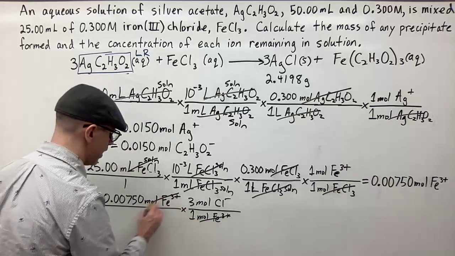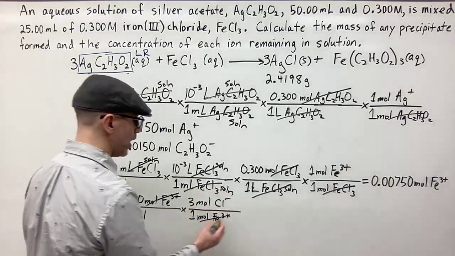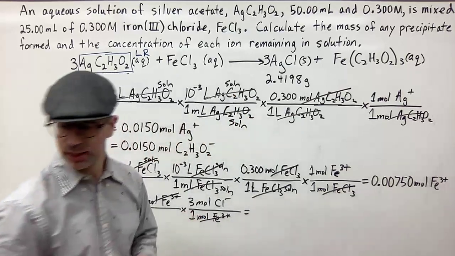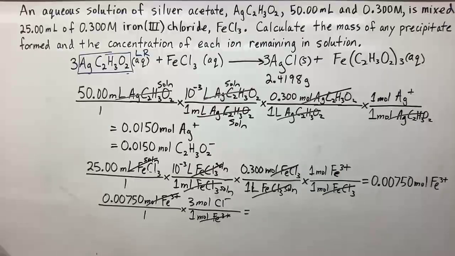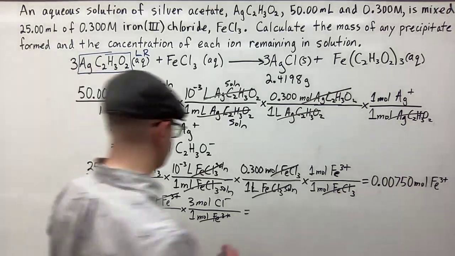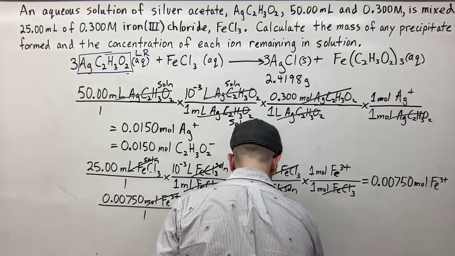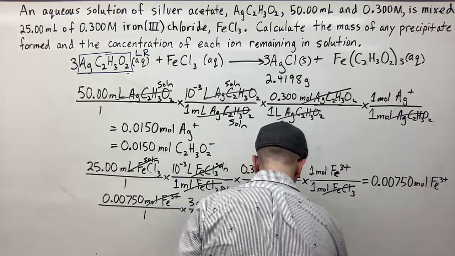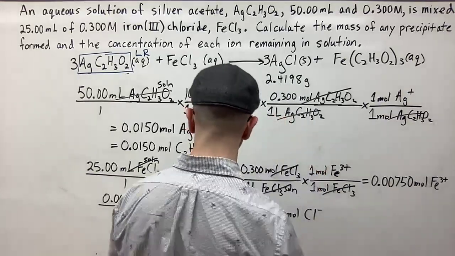So the moles of the iron are going to cancel out, leaving me with moles of chloride. And I multiply that by 3. And when I do that, I get 0.225 moles of chloride ion.